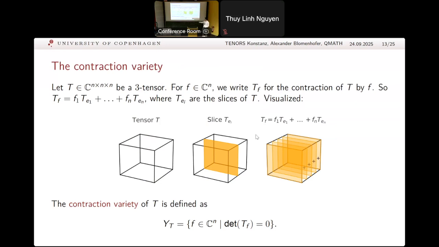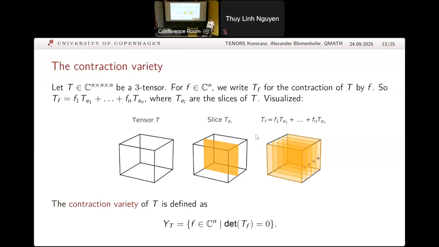So how do we define the contraction variety of T? Well, we look at all the linear combinations of slices, and we take those linear combinations which are not full rank. That's actually a bit of a bad definition. For a tensor, what you should say is that the contraction variety contains those contractions F for which the rank of TF is lower than the rank of a generic contraction TF.